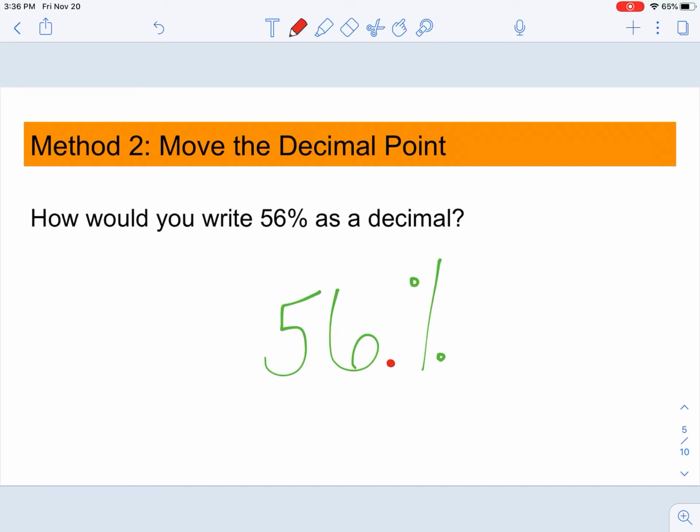So you can move the decimal point 2 spots to the left. So when we move the decimal point 1 spot, we're dividing by 10. And then moving it a second spot is dividing it by 100. Okay, we of course would have to take off the percent sign, sorry. So 56% is the same thing as 56 hundredths after we move that decimal point 2 spots.